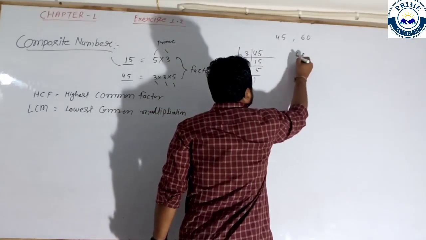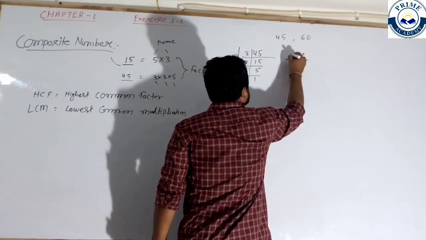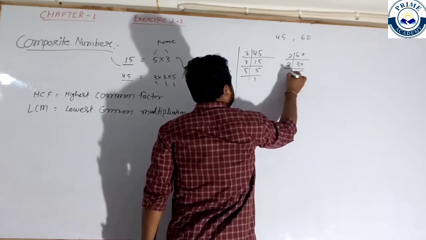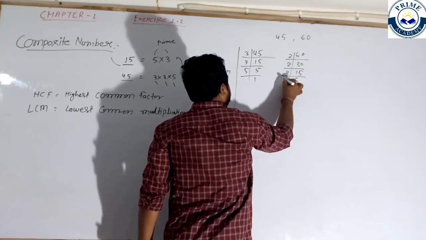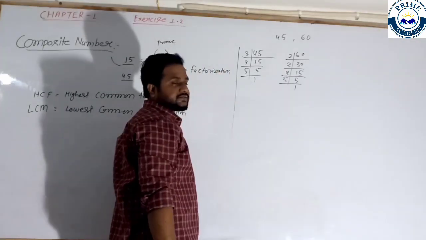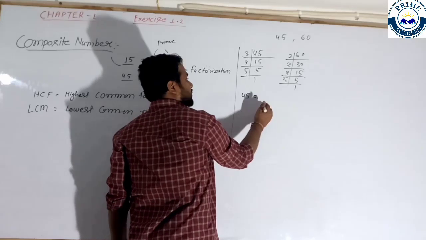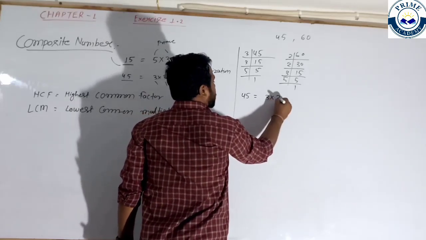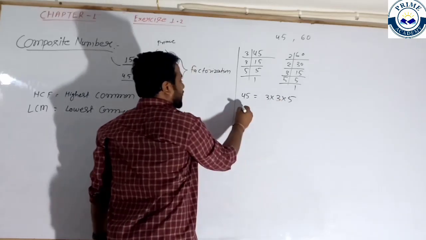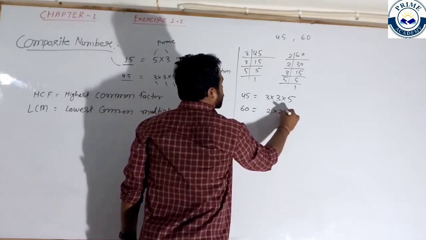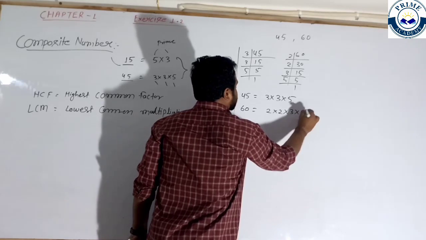Similarly, 60 you can calculate in such a manner: 2 into 30, 2 into 15, 3, 5, 5 and 1. So 45 can be factorized as 3 into 3 into 5, and 60 will be 2 into 2 into 3 into 5.